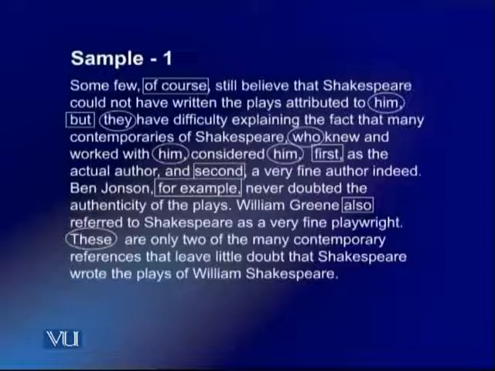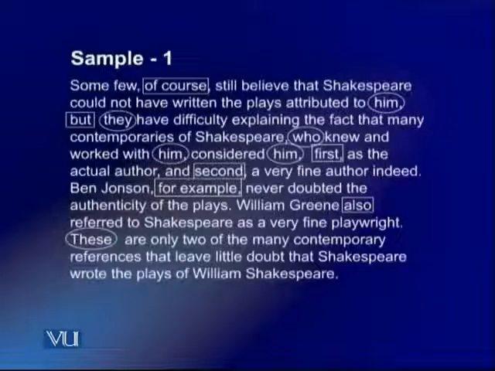Look at the word him, the first circled word. What does him refer to? Who does him refer to? You will notice, if you read carefully, the word him refers back to Shakespeare.